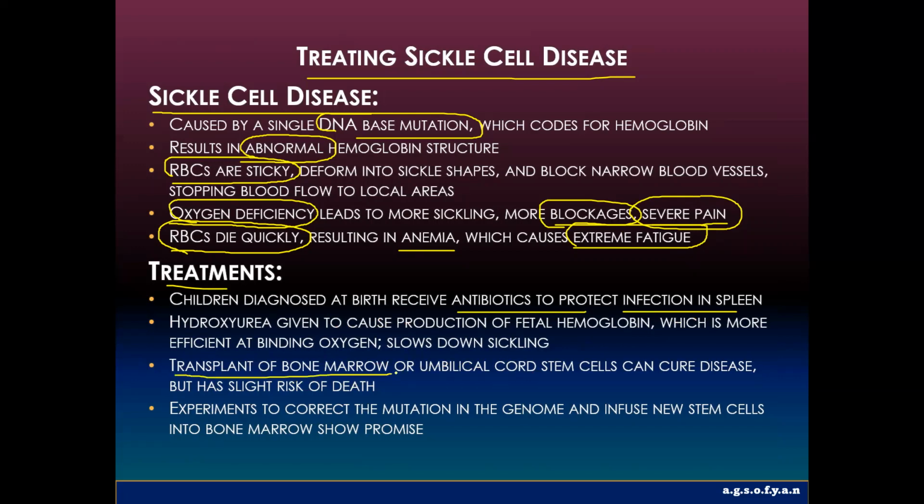Bone marrow transplantation can also be used for sickle cell anemia treatment, or maybe umbilical cord stem cells to cure the disease, and some experimentation to correct the mutations in the gene.